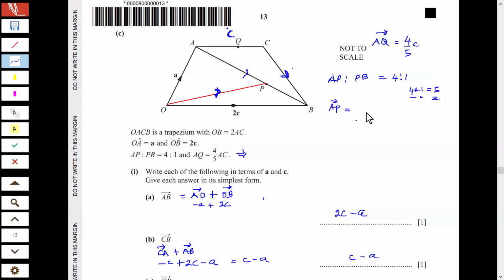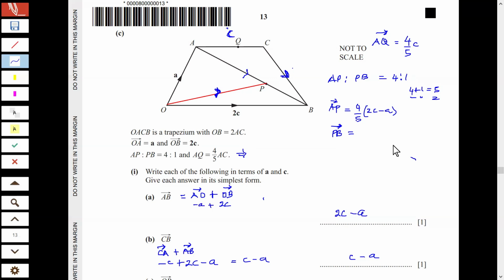Vector AP is going to be equal to 4 over 5 of what?